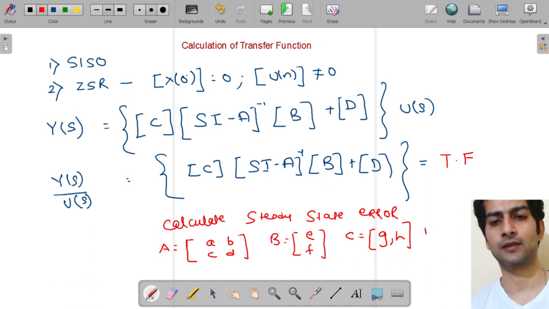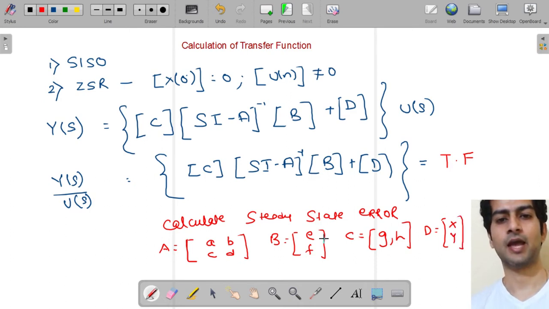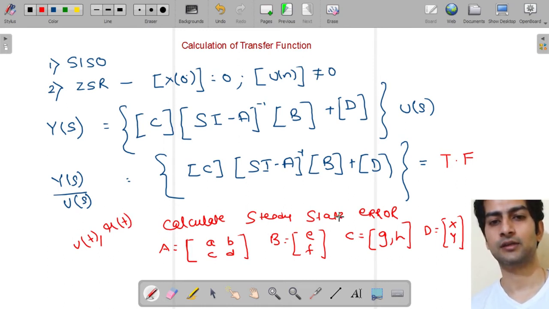Take D also as something. X, Y. And they will give you a type of input which is applied, maybe u(t), r(t), something like this. So can you calculate it? Yes, we can easily calculate it.